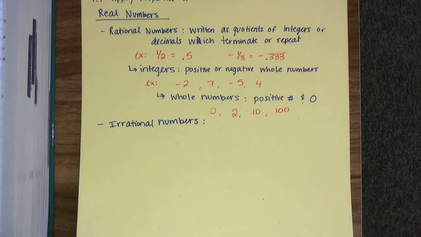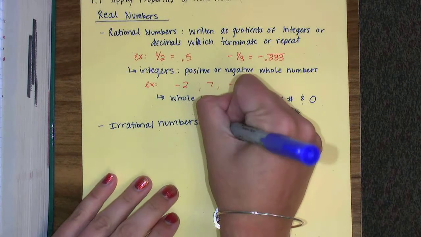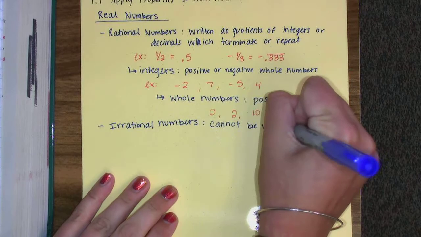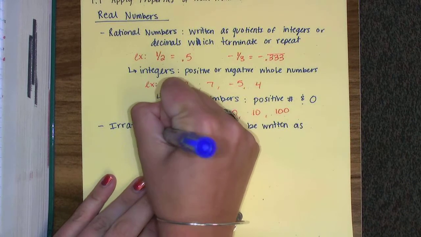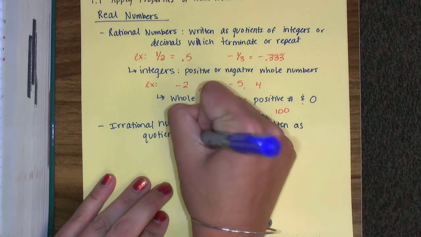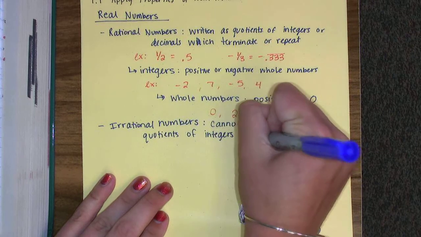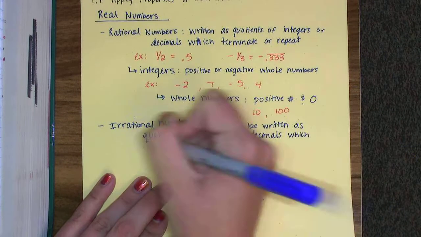Basically, it's the opposite of the definition for rational: they cannot be written as quotients of integers or decimals which terminate or repeat.